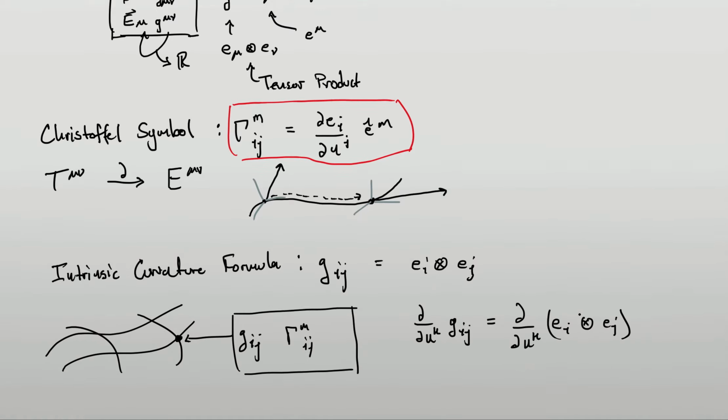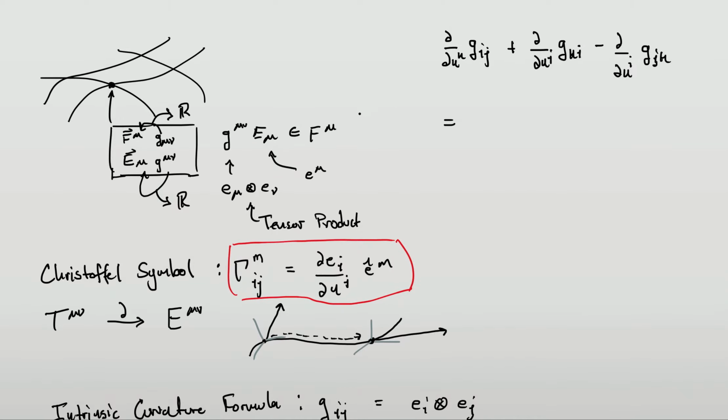What we get is the derivative of e_i with respect to u^k times e_j, plus e_i times the derivative... actually, wait, hold on, I'm missing something here.